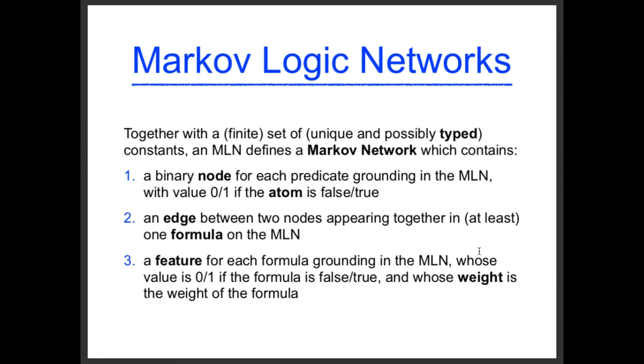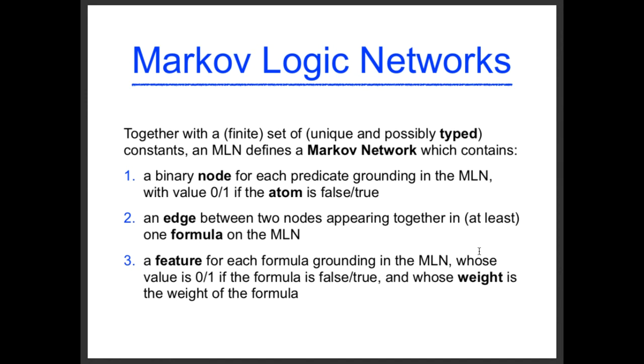So, this is the definition: given a finite set of unique and also possibly typed constants, and as we will see with Alchemy, they are typed constants, a Markov logic network basically induces a Markov network. So a Markov network where you have a binary node for each predicate grounding, okay? And the value of this binary node is 0 or 1 if the atom is false or true, respectively.